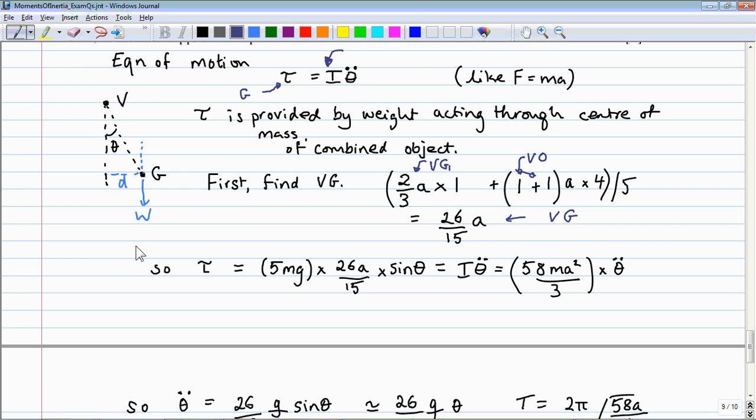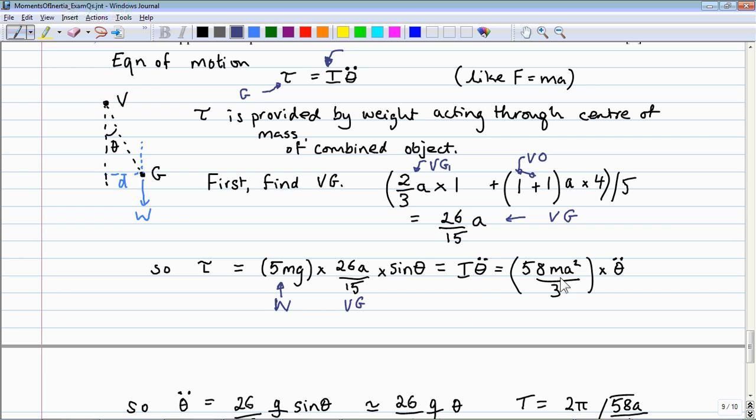So the torque finally is equal to the weight there, 5mg, times VG, which is 26A over 15, we just worked it out, times sine theta. So that's the torque. And that must be equal to I theta double dot.